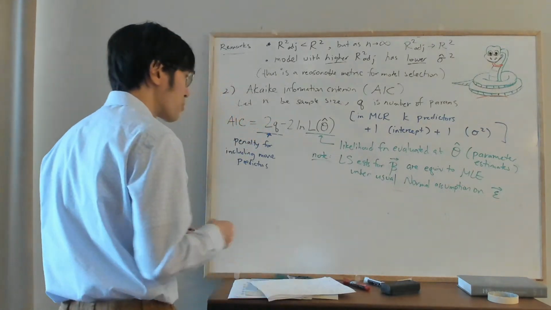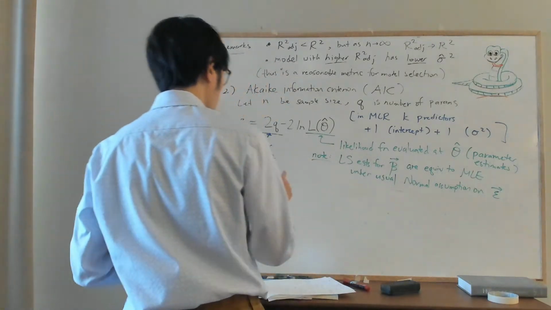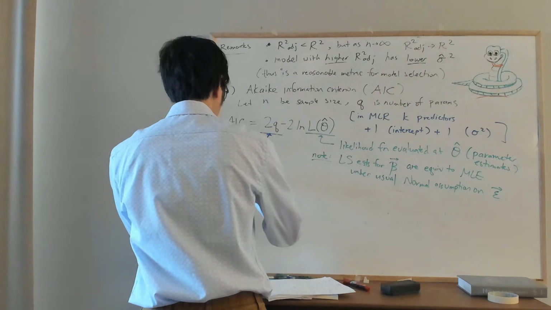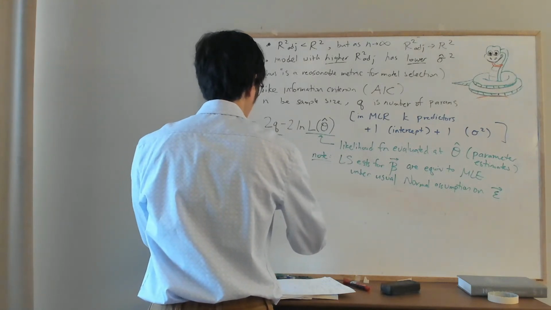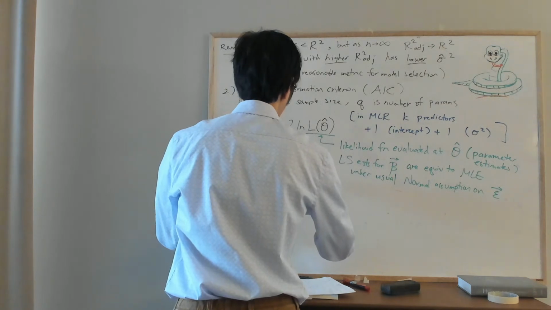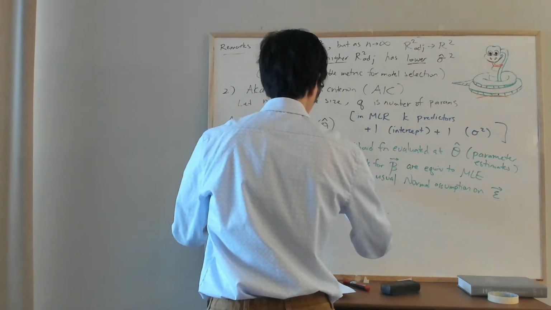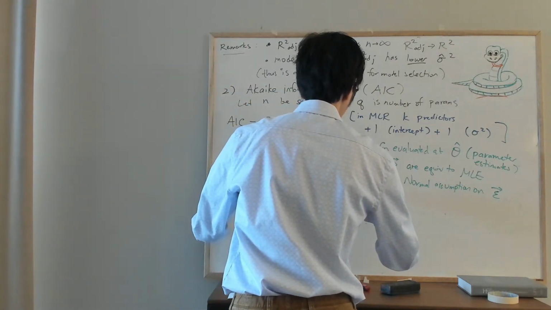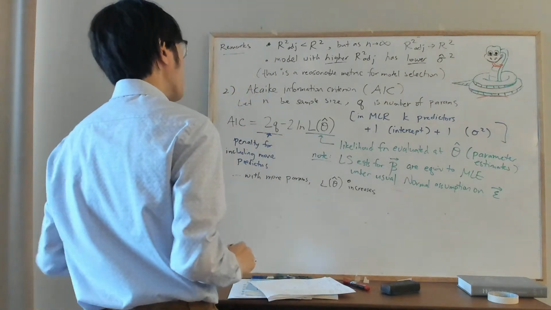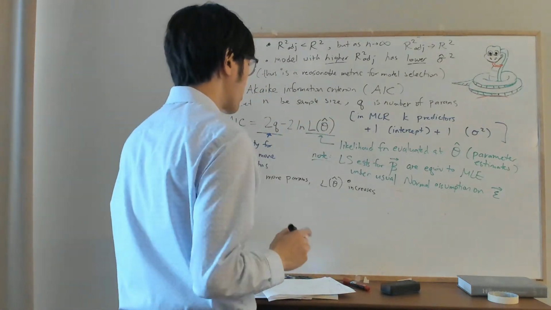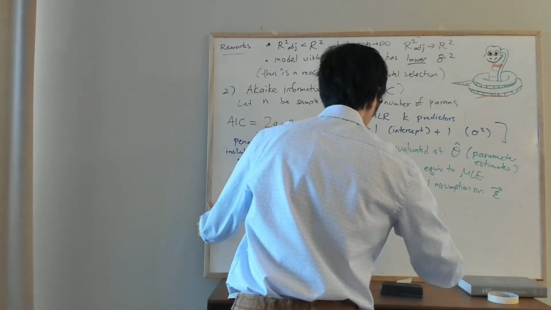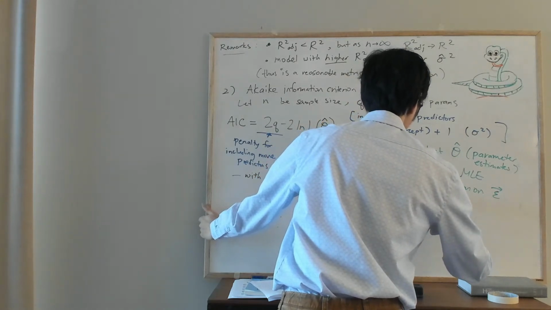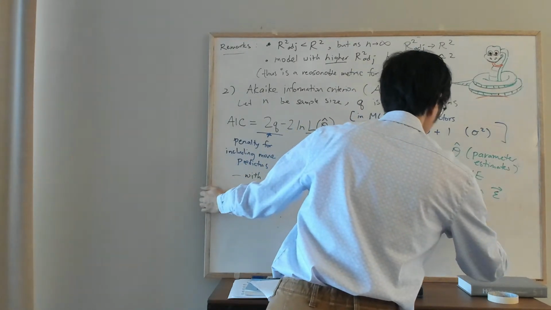Okay, and so let's talk about its interpretation. Let's say in words what I wrote down. With more parameters, the likelihood L theta hat increases, so this is going to become more negative, and it's offset by the penalty, which is 2q.